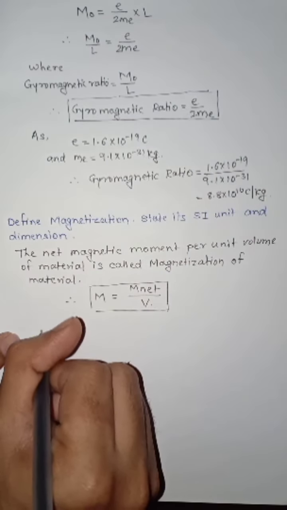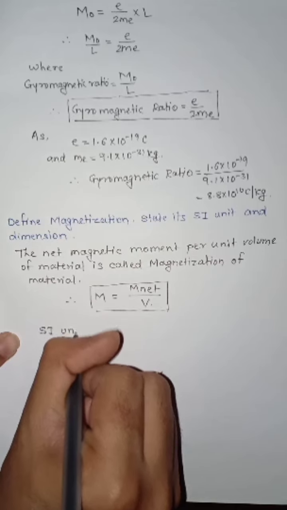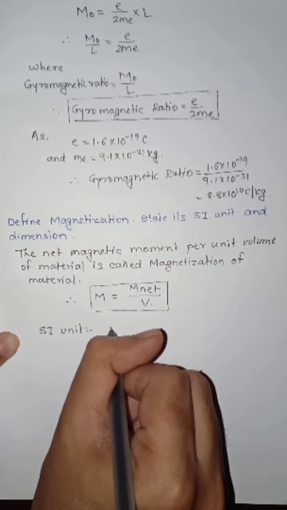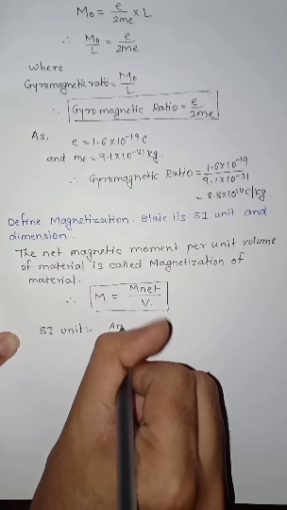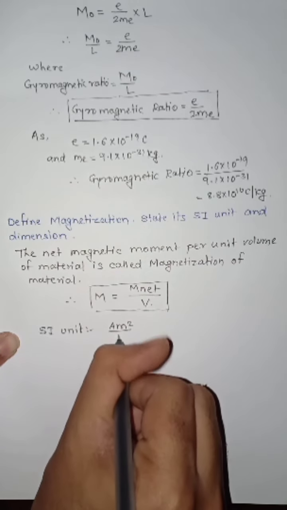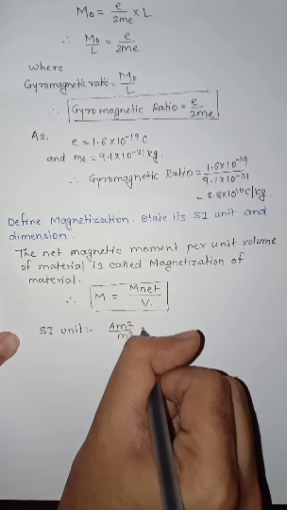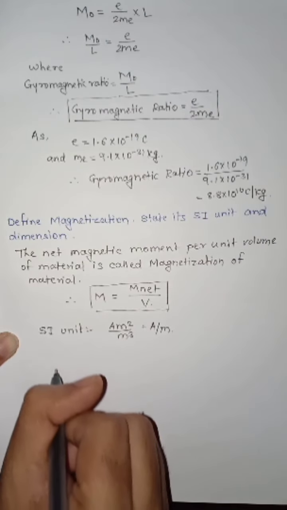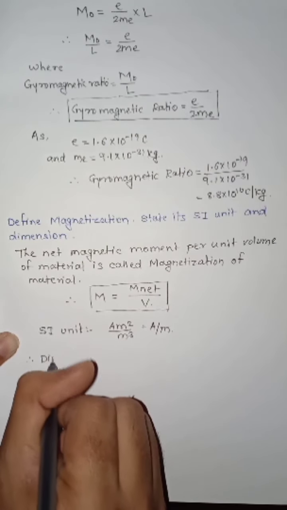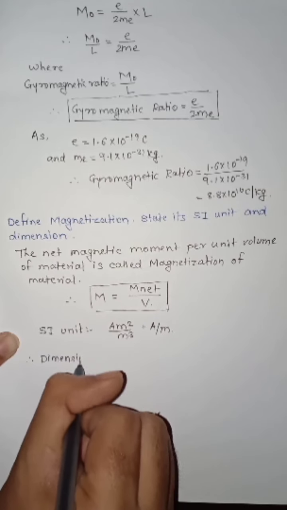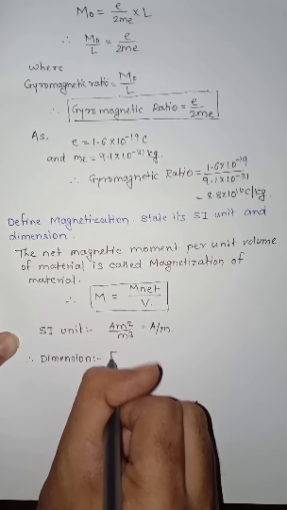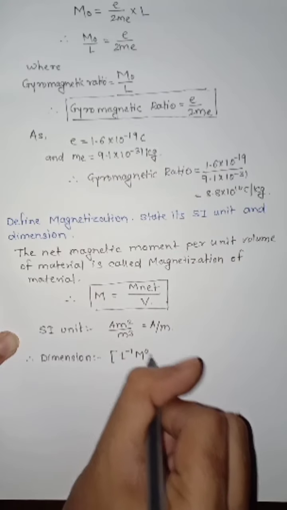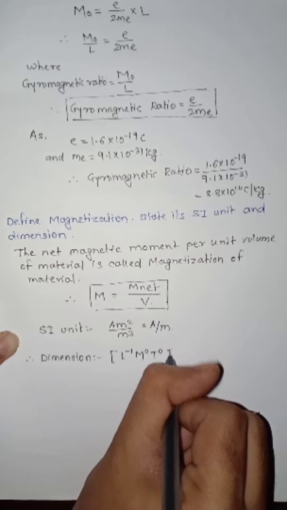And now the SI unit of net magnetic moment is ampere meter square, and the SI unit of volume is meter cube, and therefore we get SI unit as ampere per meter, and therefore the dimension is per meter. Thus we get here L minus 1, M0, T0, and A is current, so I1.